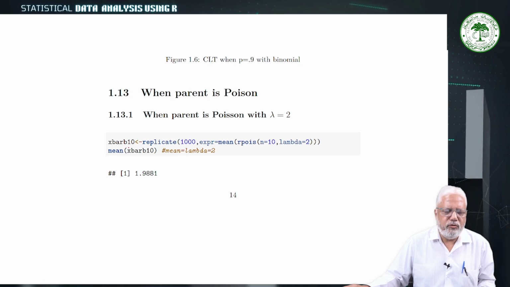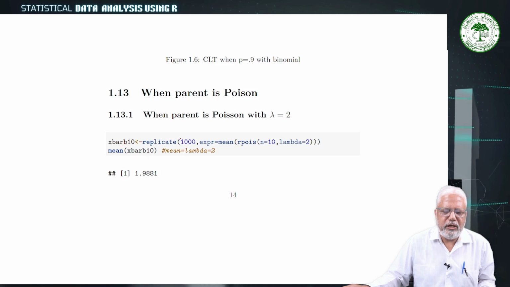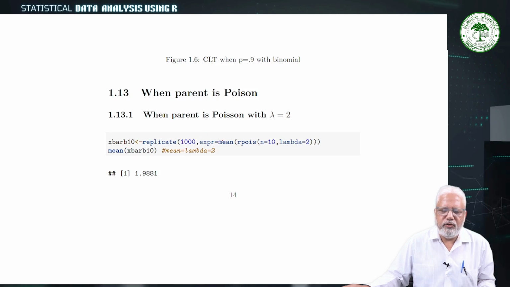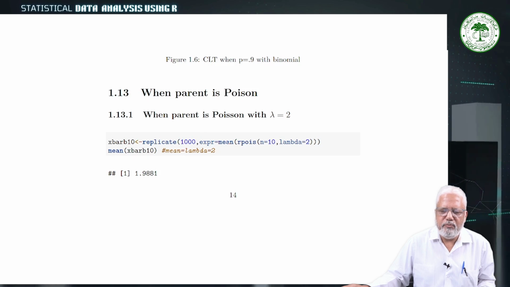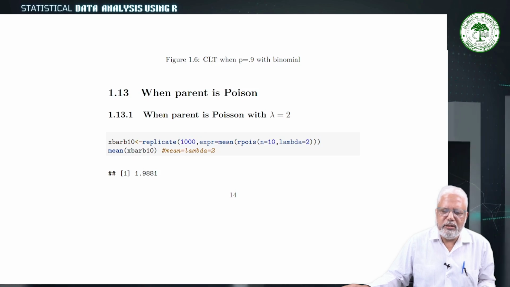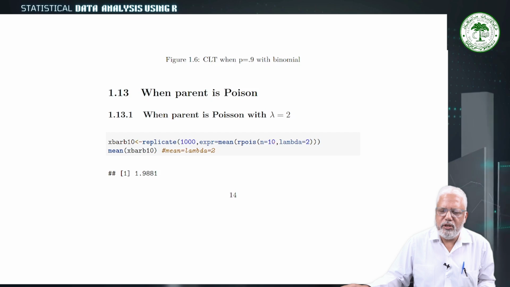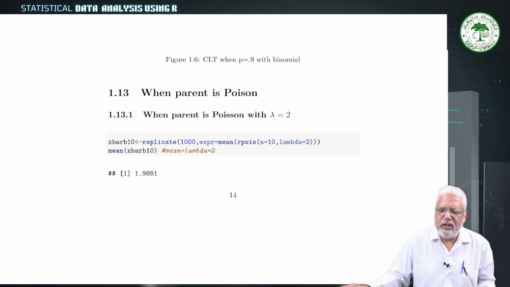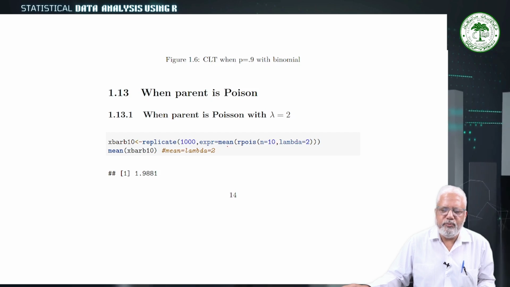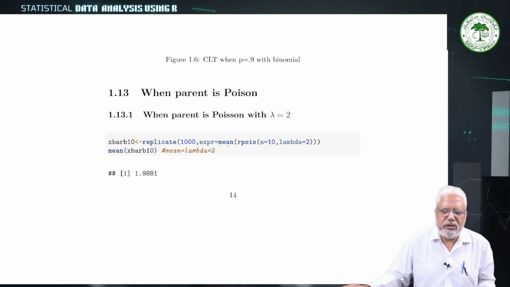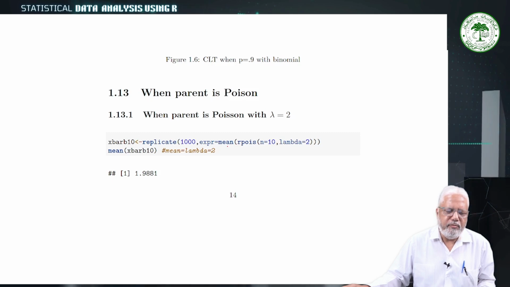So what we have done is we have simulated 1000 means, and each mean is based on rpois random observations. 10 observations we are simulating from the Poisson distribution with lambda equal to 2, and then we are computing the mean, and we want to see the performance of the mean.